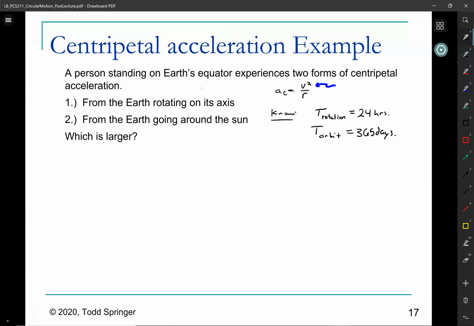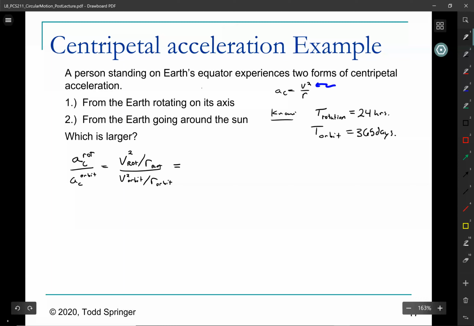All right. Now, let's try to figure out which is bigger, and the way I'm going to do that is to take a ratio. So I'm going to take the acceleration of the rotation divided by the acceleration due to the orbit, and that's going to be v squared of the rotation divided by r for the rotation, divided by v squared for the orbit divided by r for the orbit.